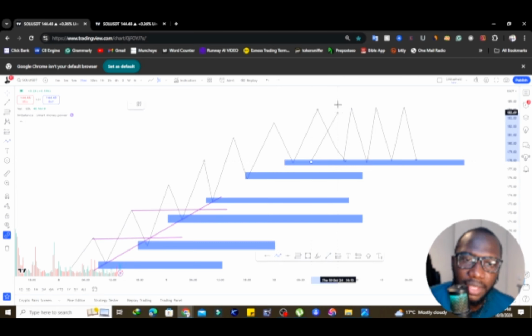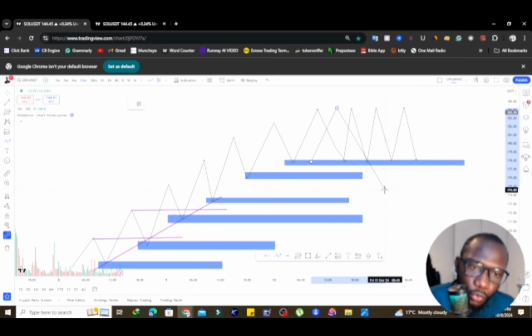It has not broken it and it keeps going. Then for now, we cannot say the market is in a downtrend. But anytime the market breaks this zone, we can say the market looks like it has changed direction. Then we wait for a retest in this place, and if it cannot break up, we can now say we are in a downtrend.